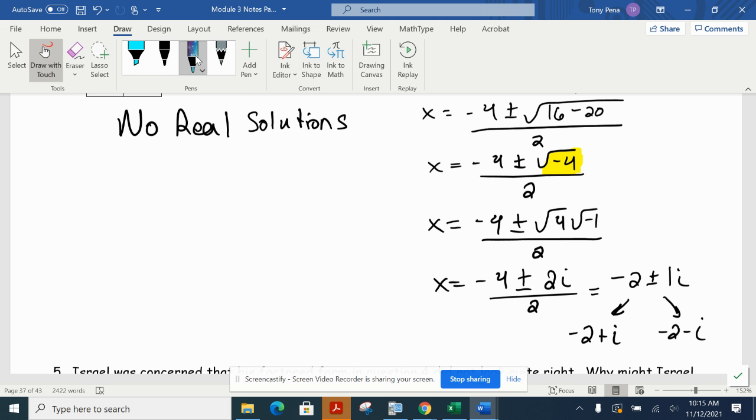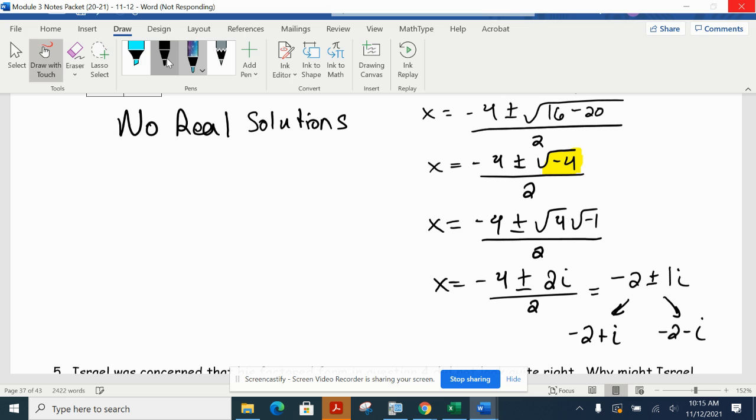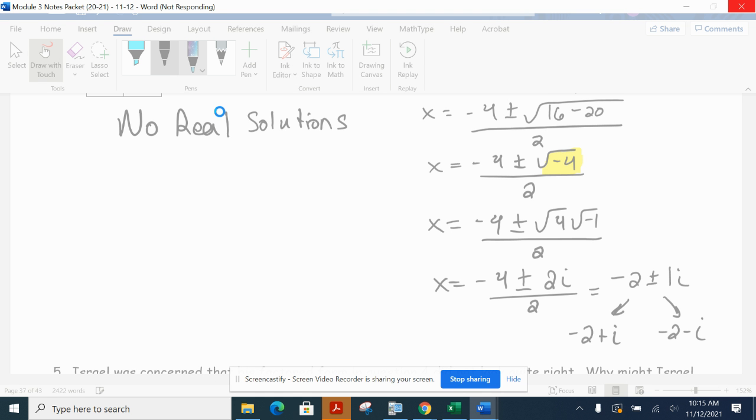So this is still very much true, just like I had you do on the assignment the other day when I said write no solution for this. This whole idea that there's no real solutions, that is still true. If this comes back to me, what I'm going to have you write is, but we do have 2 imaginary solutions. Okay, if this will work.